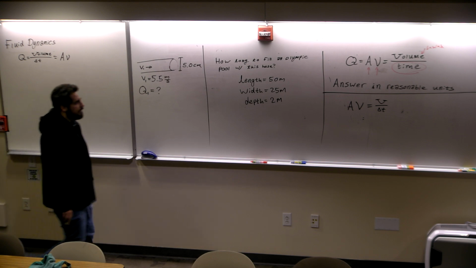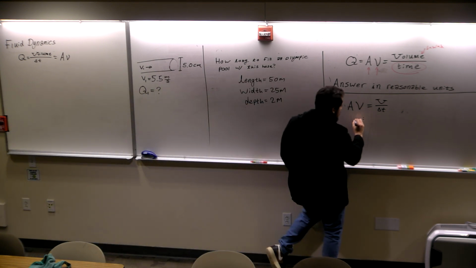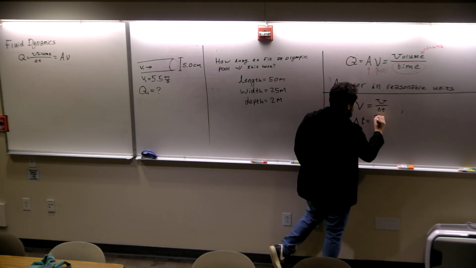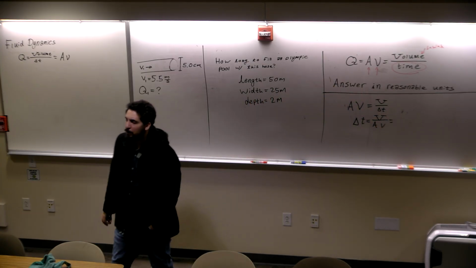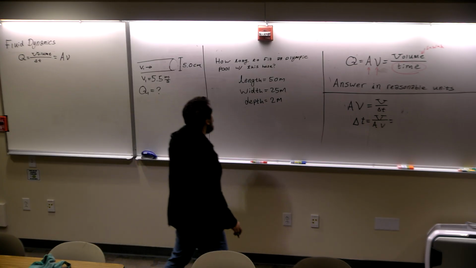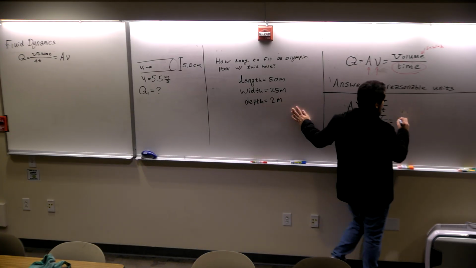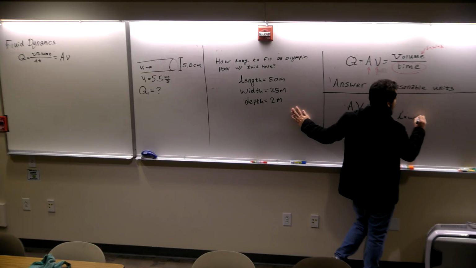And here what I want is delta T, so we solve this for delta T is equal to volume divided by area times velocity. The volume of water which we care about is the volume of water in our Olympic swimming pool, length times width times height.